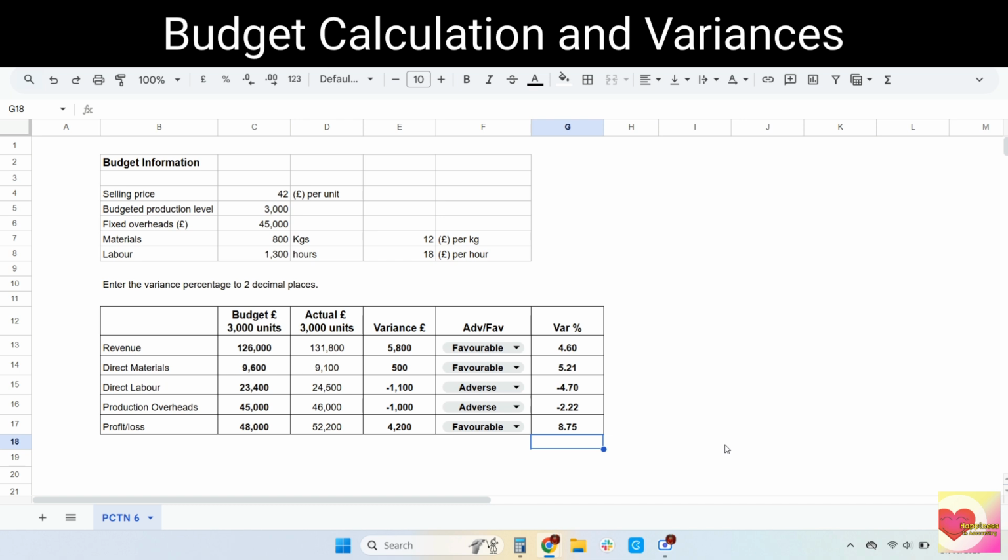Before I end this video, let me just mention some of the key points that you have to pay attention to. One of the key points are the figures in here and the details here, which tell what these figures are, because these figures here are not always in pounds. Second is to follow the instructions like this, which is to enter the variance percentage to 2 decimal places.